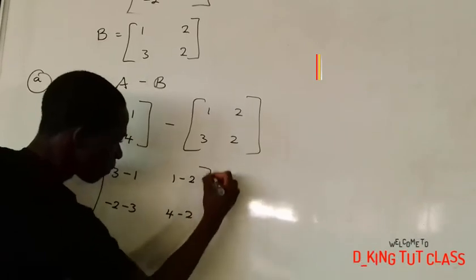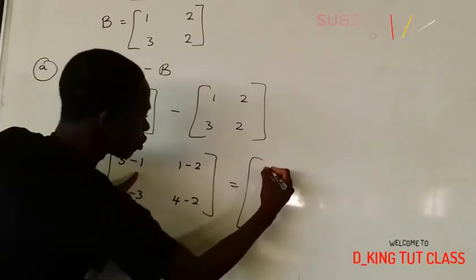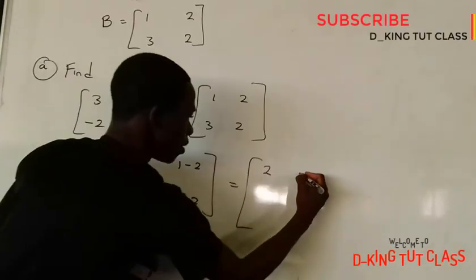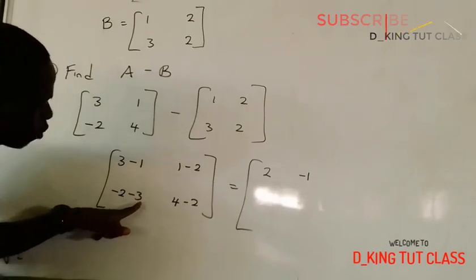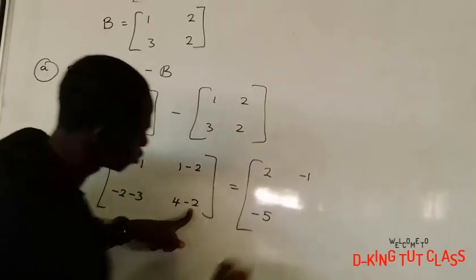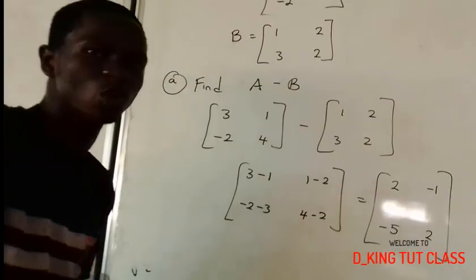This gives my final answer. 3 minus 1 gives us 2, 1 minus 2 is minus 1, minus 2 minus 3 gives us minus 5, and 4 minus 2 gives us 2. So it's still the same approach for addition and for subtraction.